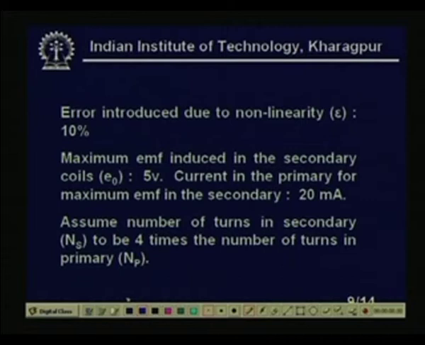Let us take a blank page. Okay. So, this is a problem solution to problem 21.3, right.